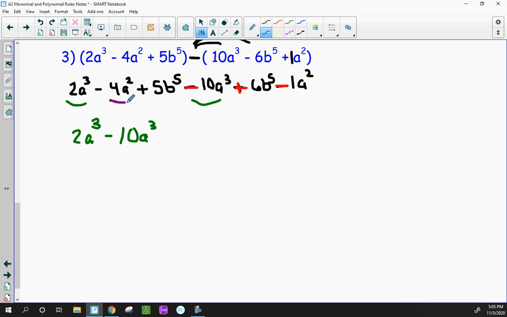So let's see, this term and this term, those look the same. And then last, I see a b to the 5th here and here. We're going to copy it down as a positive 5b to the 5th. And a positive 6b to the 5th.